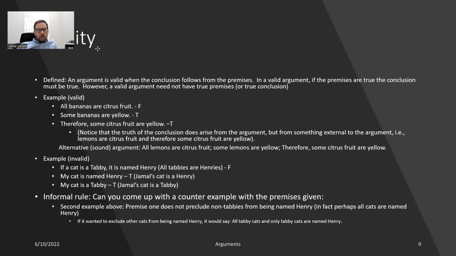What we're saying is that if you are a tabby cat, your name is Henry. Right? What are we not saying? What we are not saying is that if your name is Henry, you must be a tabby cat. So it doesn't work in both directions.